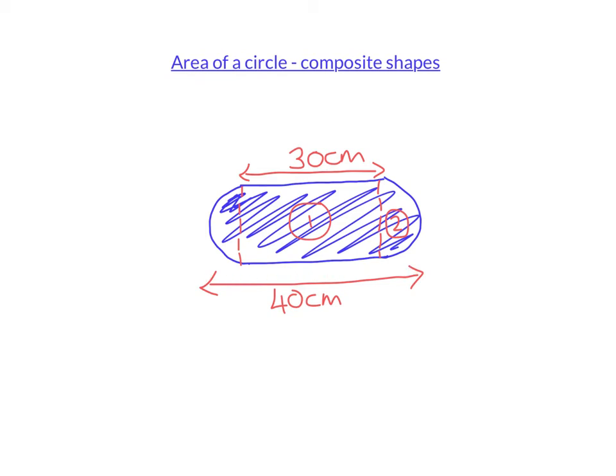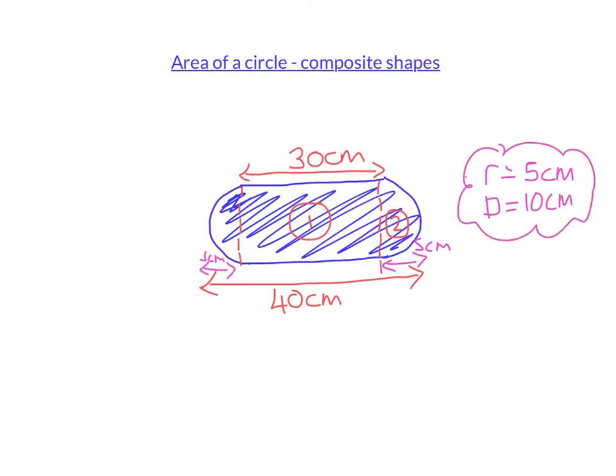So that means that we must have 5 centimetres there, which gives us a radius of 5 centimetres. And the diameter is twice the radius, so the diameter must be 10 centimetres. And that means we can use those dimensions to help with the area calculations.